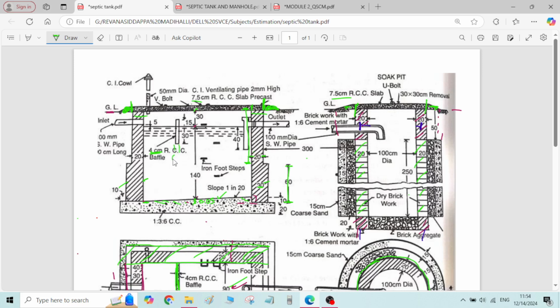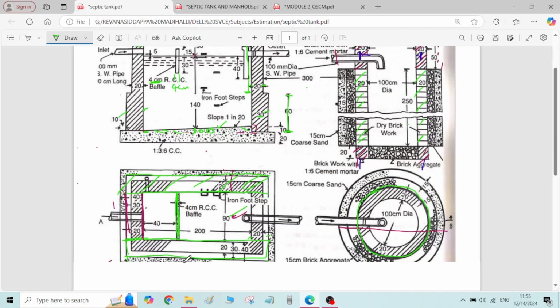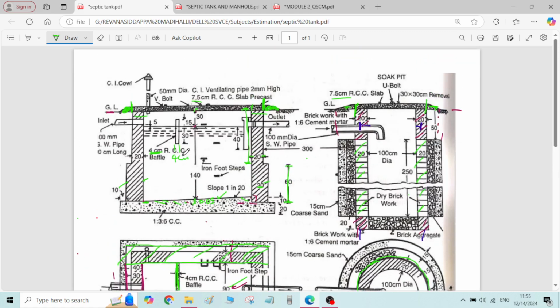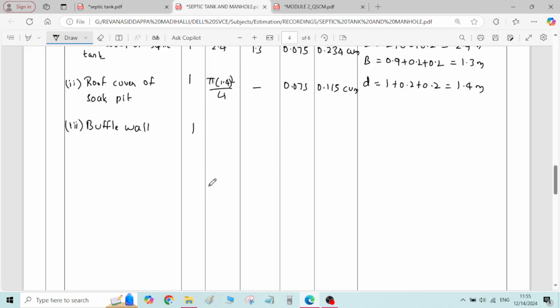This is 4 centimeter width. Height of the baffle wall is 30 plus 15. So 0.9 meter, 0.04 meter, and 0.3 plus 0.15 meter is the height. L is equal to 0.9 meter.